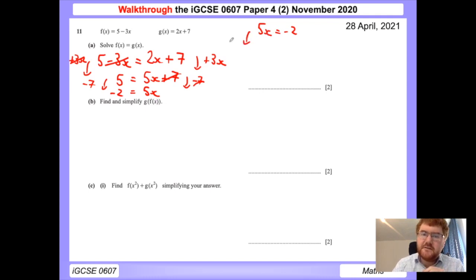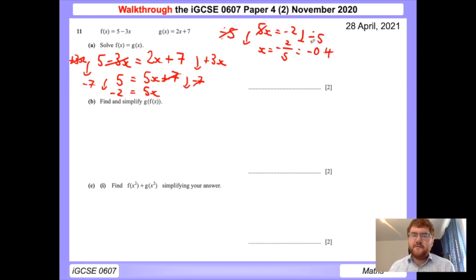And then I divide by 5 on both sides, giving myself the answer of x is equal to minus 2 over 5, which you may use a calculator as well and give yourself minus 0.4. Both is fine. I'm going to write in x is equal to minus 2/5.